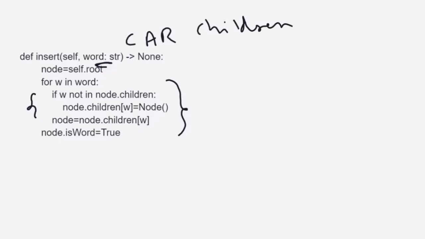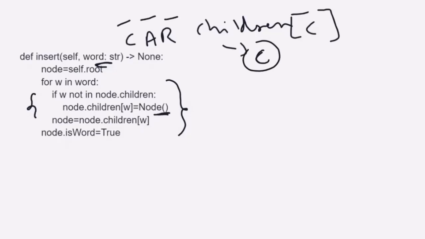We start from the root node and check if that W does not exist. If it does not exist, we create a new node for C and then point our node to C. And this will continue for each character of the word given.